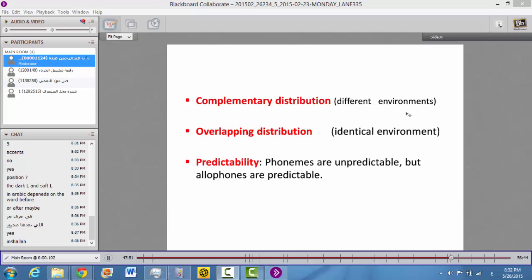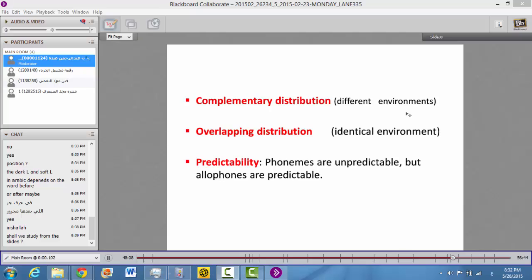Complementary means there are different environments for each sound. Overlapping means that they occur in an identical environment. Therefore, predictability differs. Phonemes are unpredictable, but allophones are predictable. Why are they predictable?